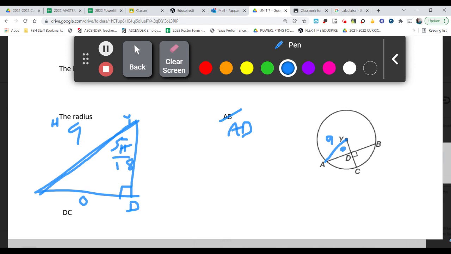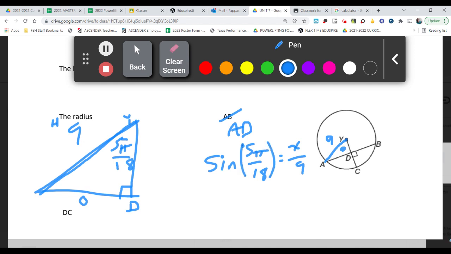we're gonna use sine. So the sine of our angle, which is 5 pi over 18, equals x over 9. All right. So the sine of our angle, 5 pi over 18, equals x over 9.